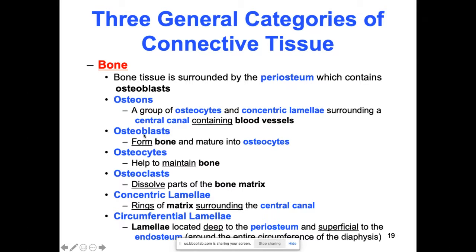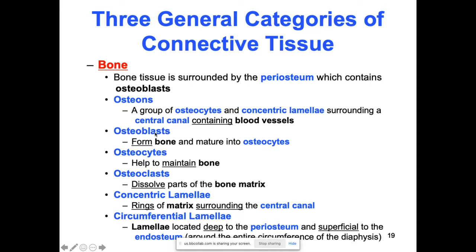The other terms to be familiar with, osteoblasts and osteoclasts. Osteoblasts and osteoclasts are similar. They work together to remodel bone, but they do it in opposite ways, right? The osteoblast is building up bone, whereas the osteoclast is breaking down the bone.